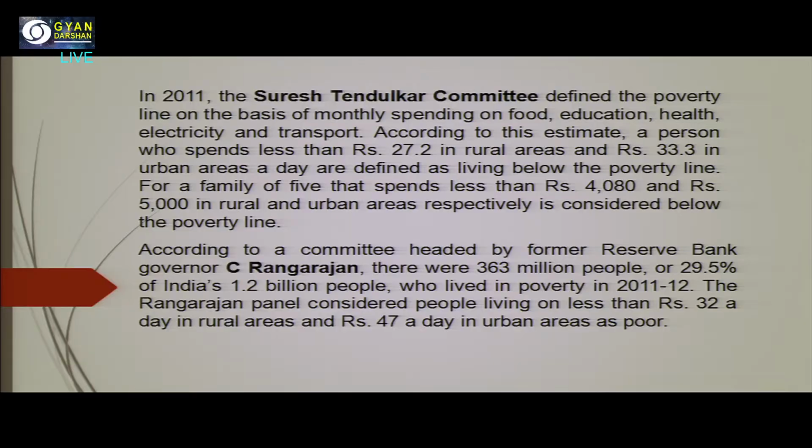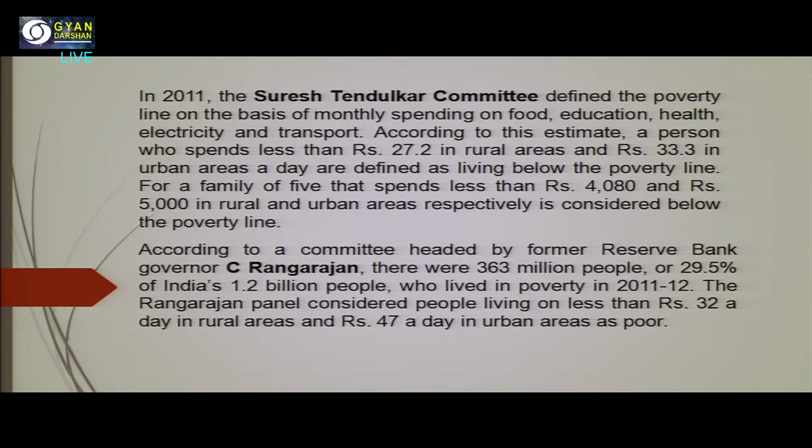Then there was an objection to it that the poverty line defined is very low. Like, no one can meet their daily requirements at such low levels. So the Rangarajan panel was formed, and they defined poverty line as less than rupees 32 in rural areas and less than rupees 47 per day in urban areas.